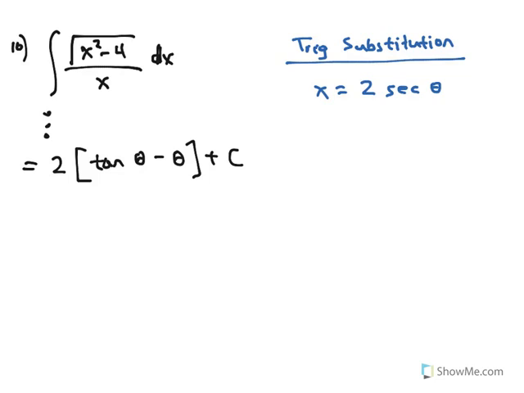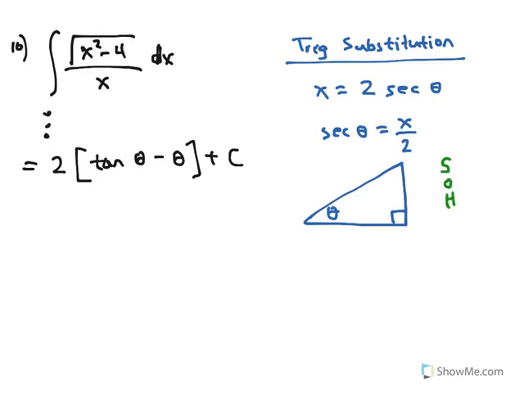We can divide both sides of the equation by 2 and get secant theta is equal to x over 2. And we can draw a right triangle with acute angle theta, remembering the right triangle definitions of the trig functions sine, cosine, and tangent, and we can use our mnemonic device to help us remember that.